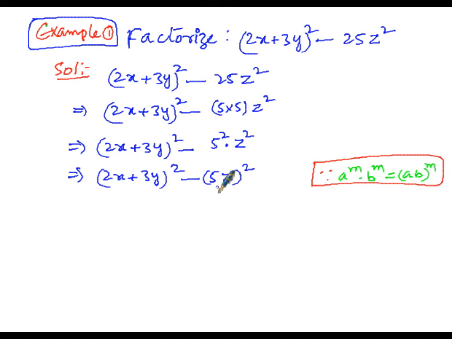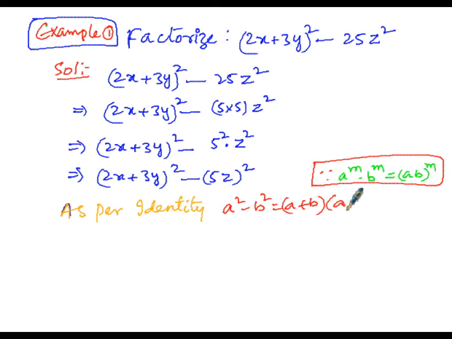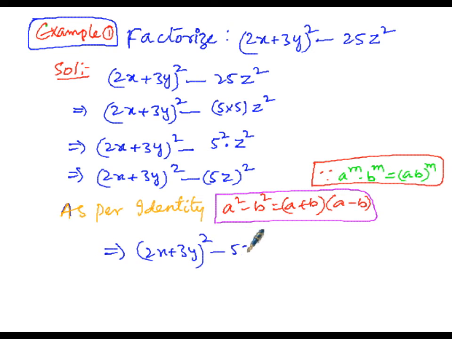So now we can apply the formula, that is as per identity, a square minus b square is equal to a plus b into a minus b. So we can write it as 2x plus 3y whole square minus 5z whole square.